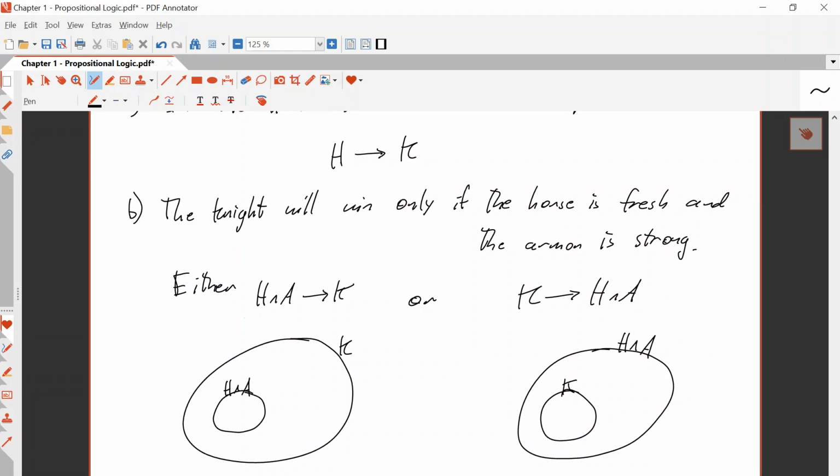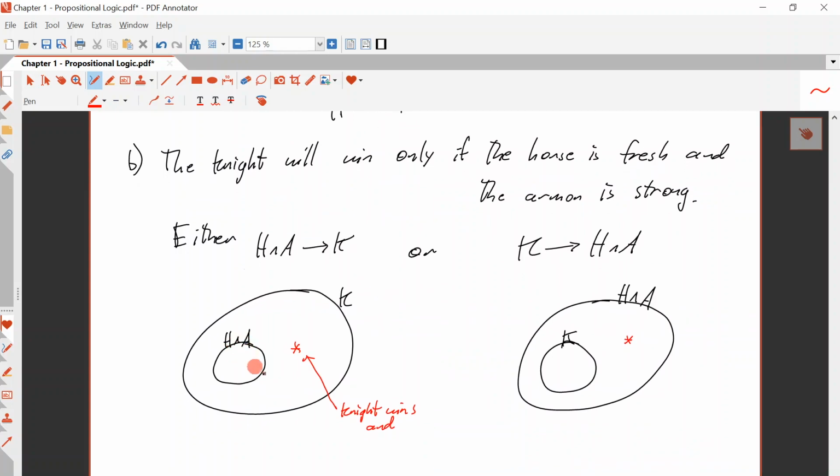So what you do is, if you're having a hard time deciding which one it is, look at one in the gap here. This is an instance of, right? The knight wins. And H and A is false.